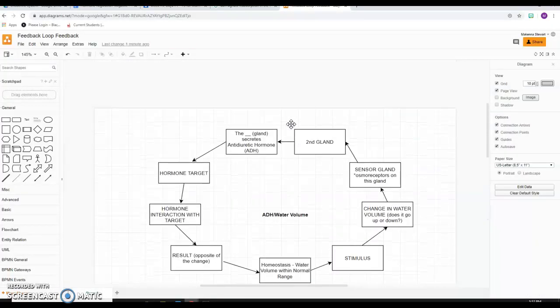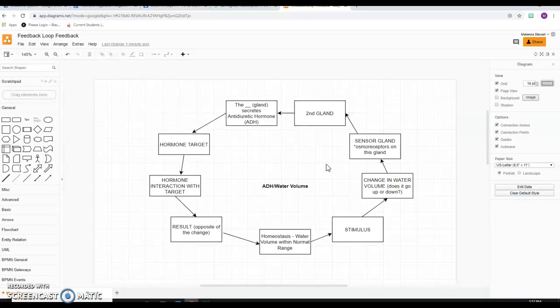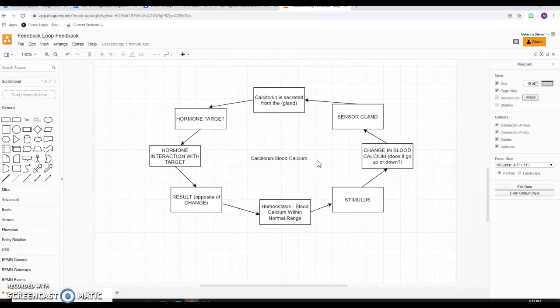These two have all those things. I'll give you one last look: your ADH water volume negative feedback loop, and then the calcitonin blood calcium feedback loop.